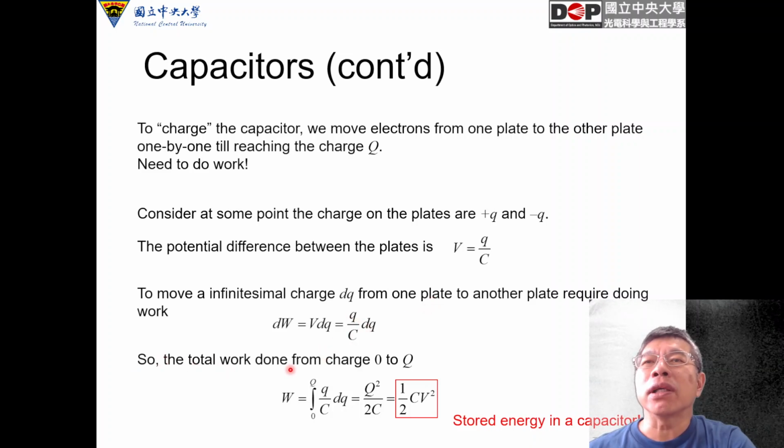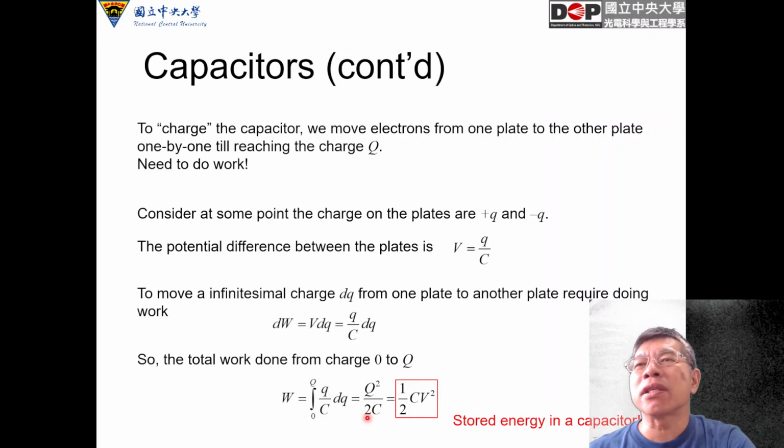So the total work done, taking the charge from zero to the total charge Q, comes out like this. That is the total work needed to make a capacitor with positive Q and negative Q. That is the total energy.